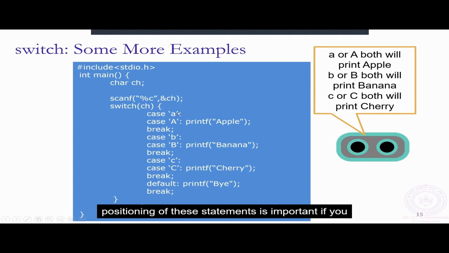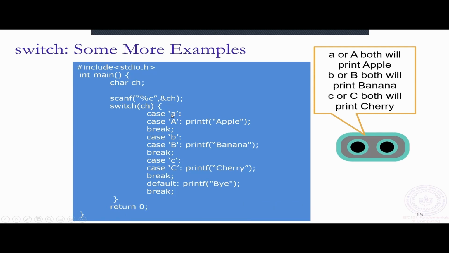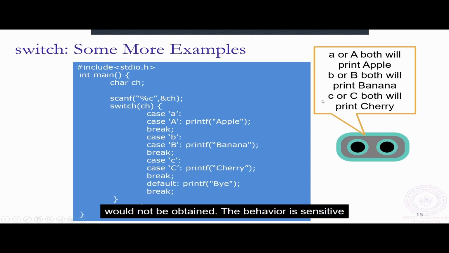Notice that the positioning of these statements is important. If you position all the small letter statements empty together, then this behavior would not be obtained. The behavior is sensitive to how the statements are located in the code.